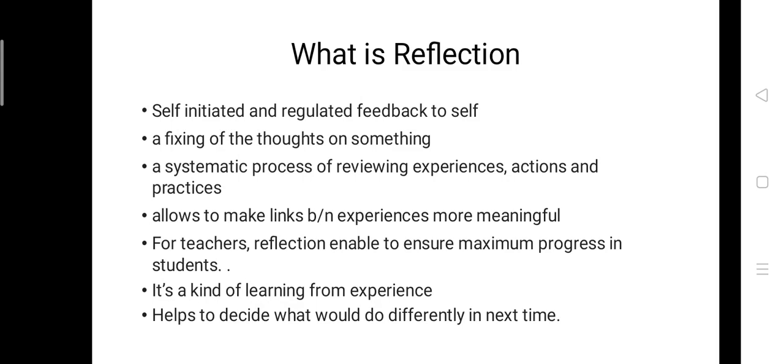We just view our image or reflection, and we make some little changes to modify our appearance. So it's a feedback to self. Similar to when we see our image in reflection, it is the activity of reflecting on our actions. So try to view back our actions.